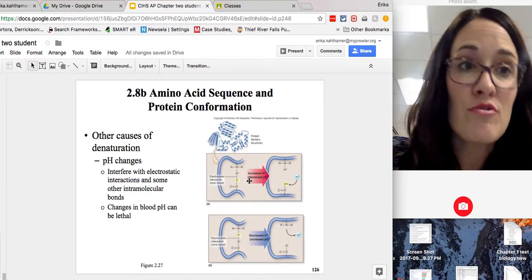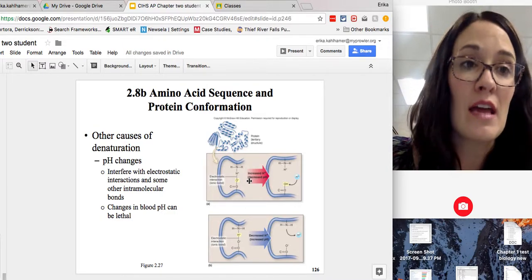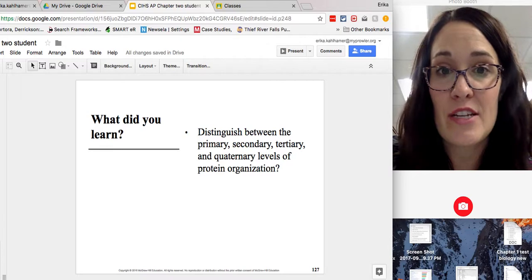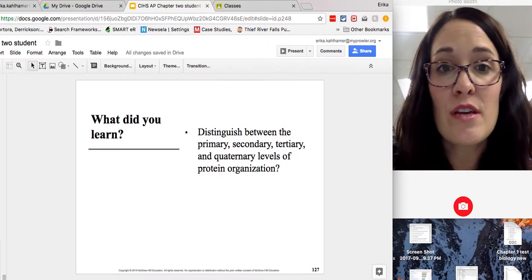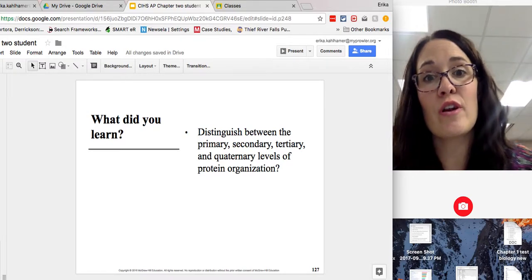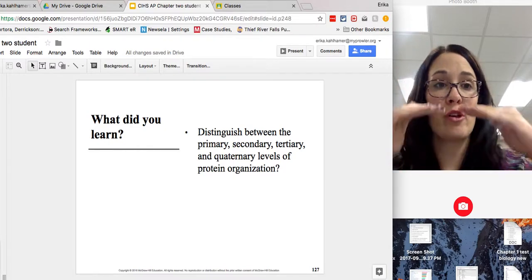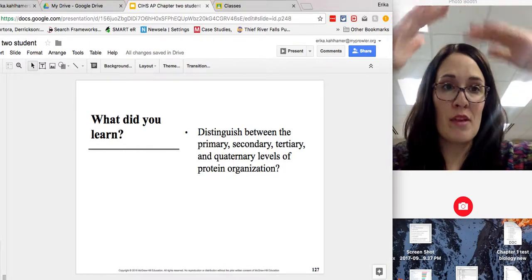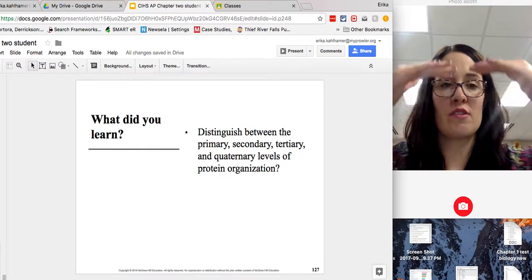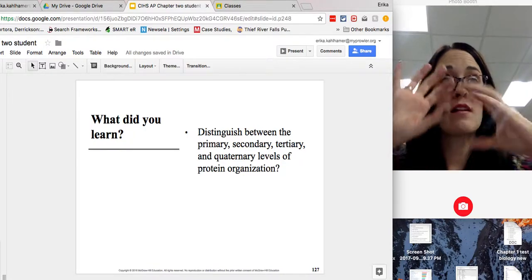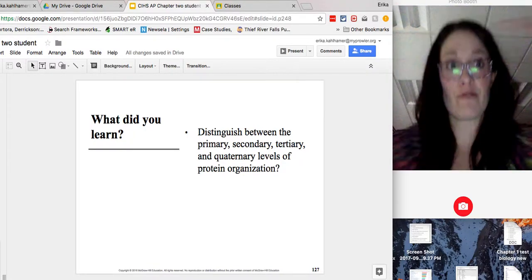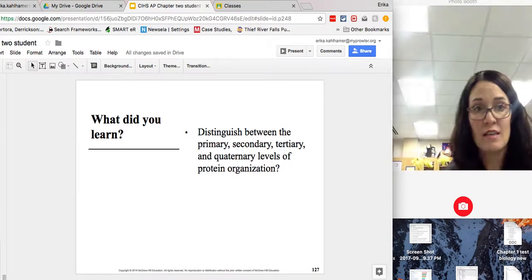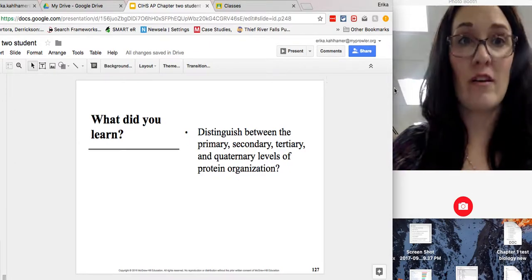Changing the protein structures in your body can be lethal. That's called denaturation. So distinguish between the primary, secondary, tertiary, and quaternary. Make sure you review. It's a level of complexity that increases. There's different foldings, shapes, and different amounts of protein chains that depend on the level of complexity.